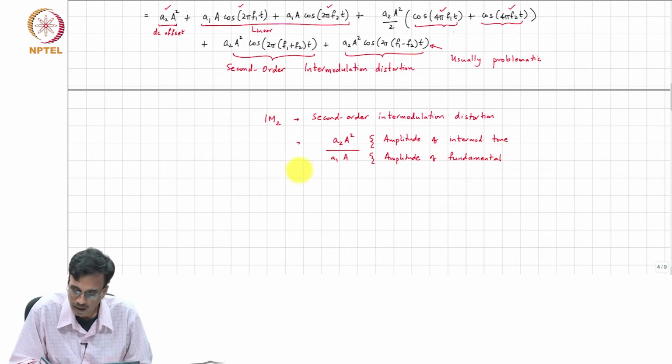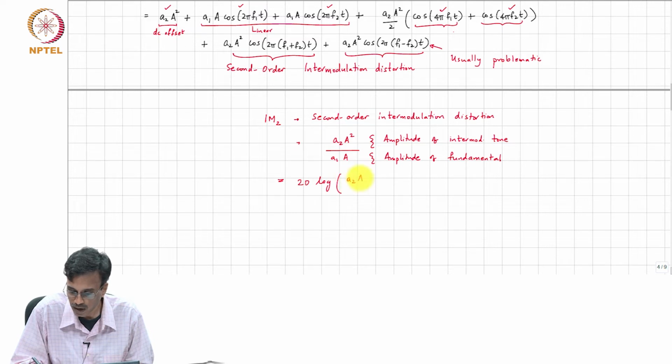And again in dB, it is 20 log A2 A by A1 in dB.